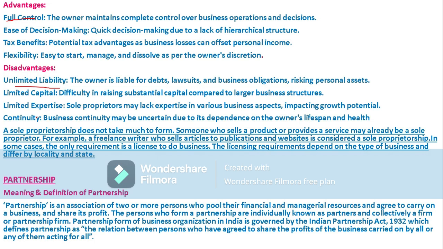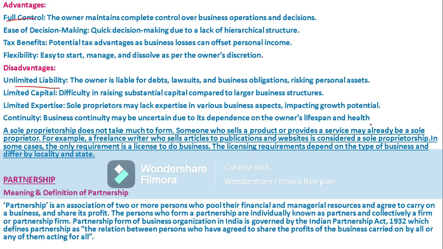Sole proprietors may lack expertise in various business aspects, which impacts growth or potential. Because if there are expert persons, definitely it leads to the growth of the organization. Next one is continuity. Business continuity may be uncertain due to its dependence on the owner's lifespan and health.